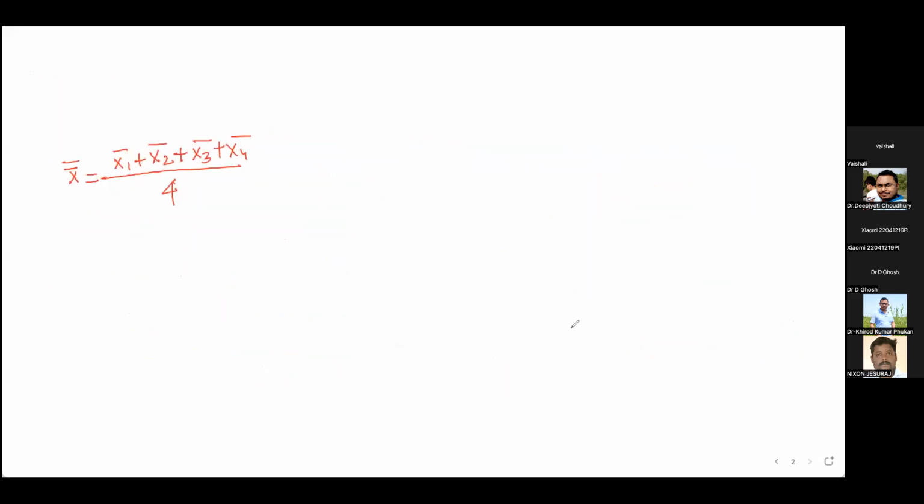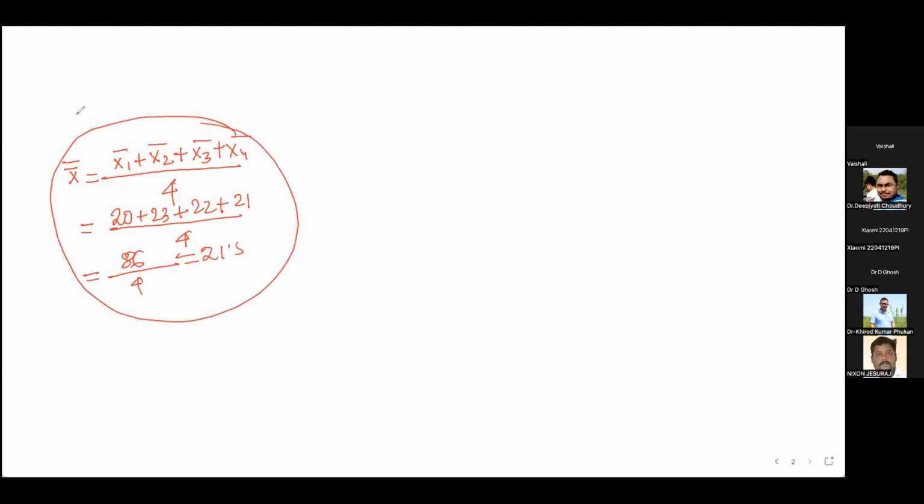So we are in a position to calculate the grand mean: 20 plus 23 plus 22 plus 21 divided by 4. That means how much will it be? It will be 86 by 4, that means here it will be 21.5. Is that clear? Grand mean calculation?